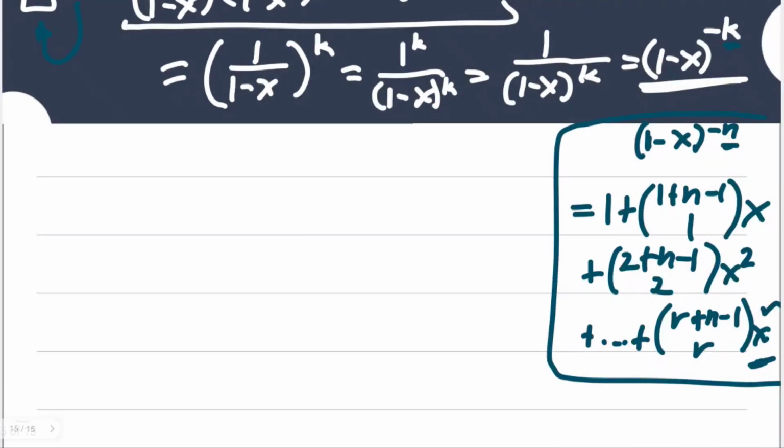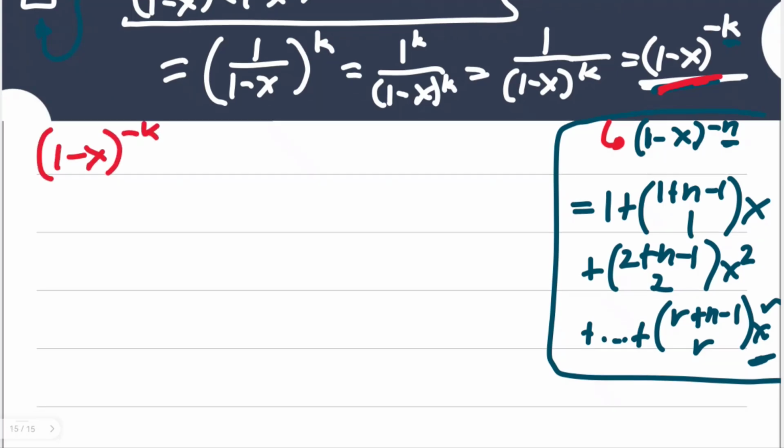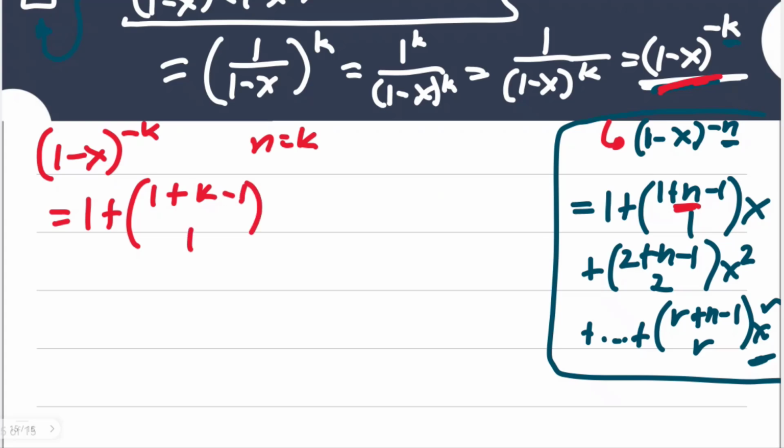So let's simply transform this into this form. Instead of n, we will have k. So we will have here 1 minus x to the power of negative k, which will be equal to this expansion: 1 plus, instead of n here, we'll be using k because that will be our exponent. N is equal to k. So k plus 1 minus 1, combination 1 for our x, plus 2 plus k minus 1, combination 2 for our x squared.